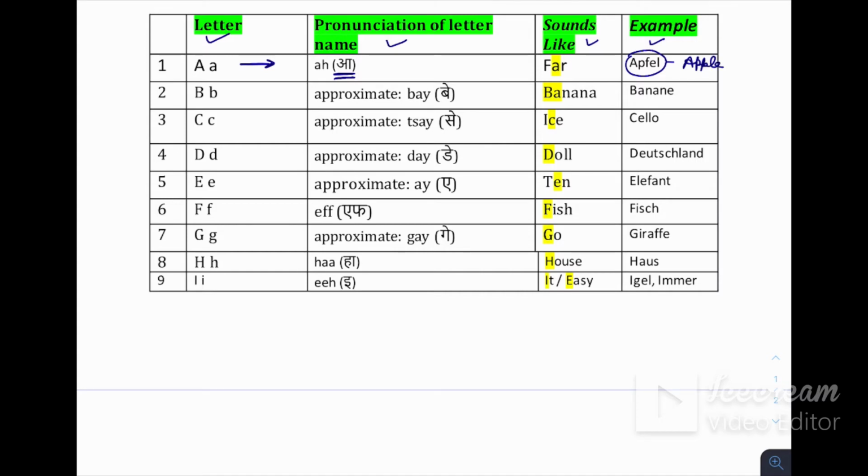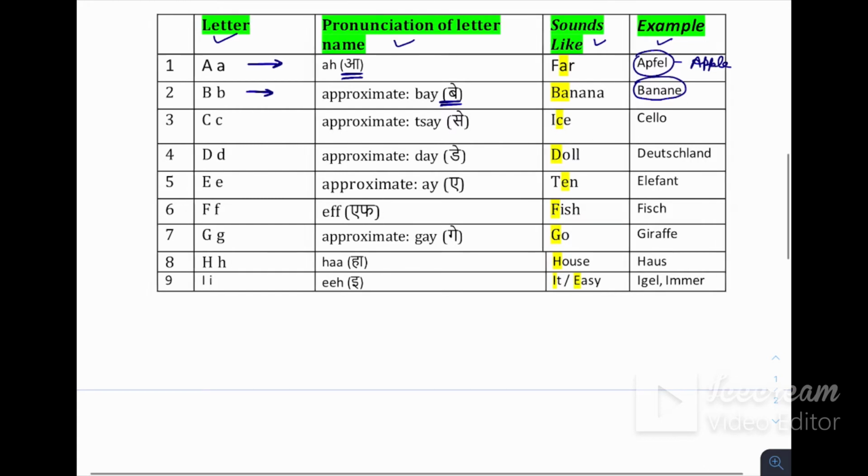A sounds like A. How does B sound? Bay. Clear? Banana.